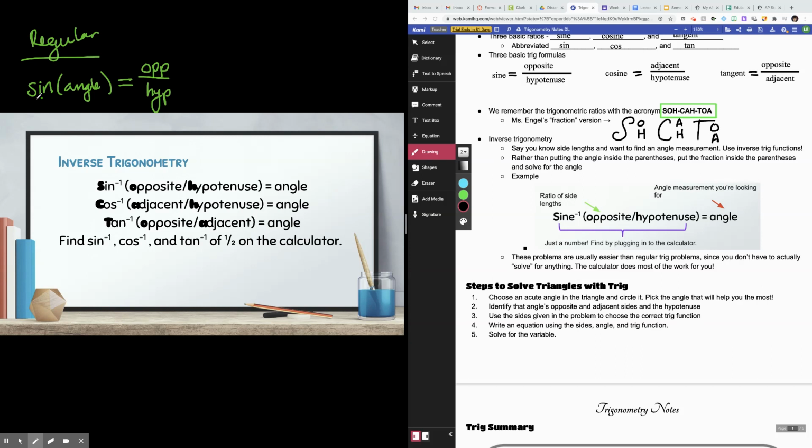I'm using sine for most of my examples just because it's the first one, but you can use cosine and tangent here as well, as long as you put the right fraction over on the other side of the equal sign.